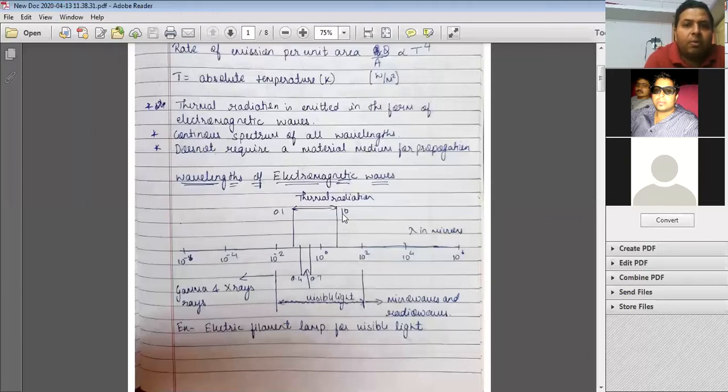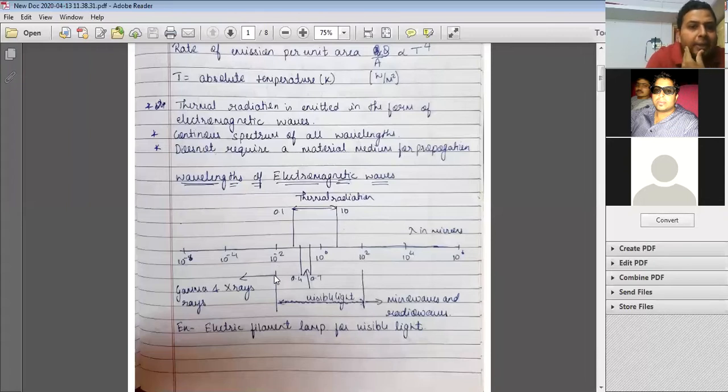The thermal radiation will always be within 0.1 to 10 microns. This is on the x-axis. I have 10 raised to 0, 10 raised to 2, 10 raised to 4, 10 raised to 6 in microns. Then for me, the thermal radiation will always be in between 0.1 to 10 microns.